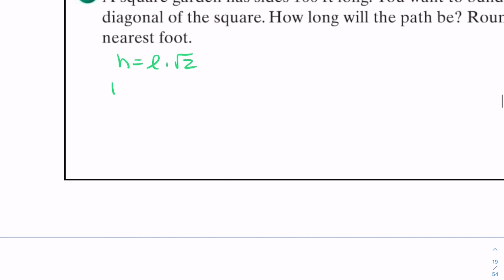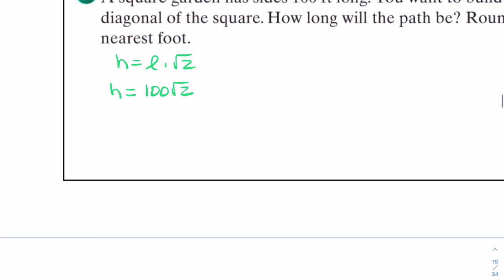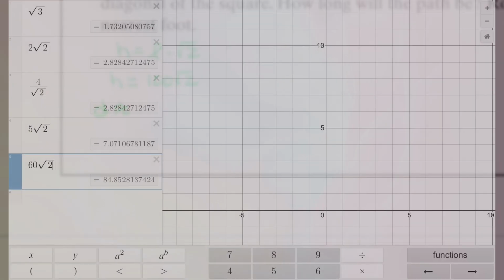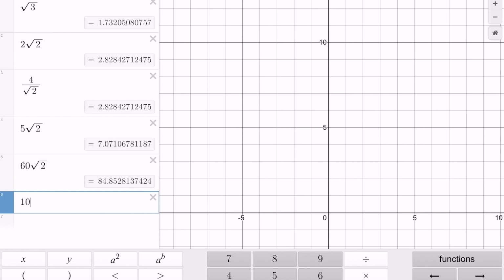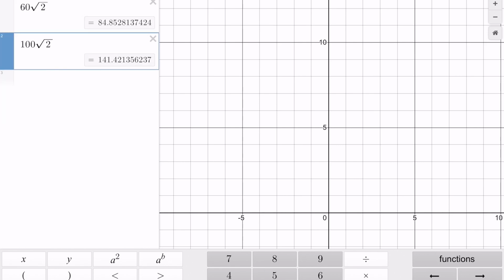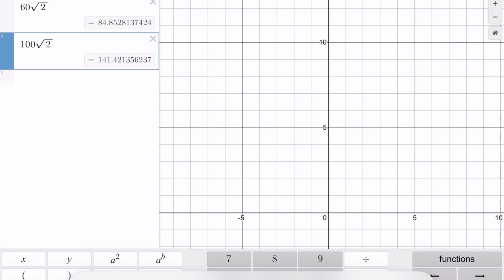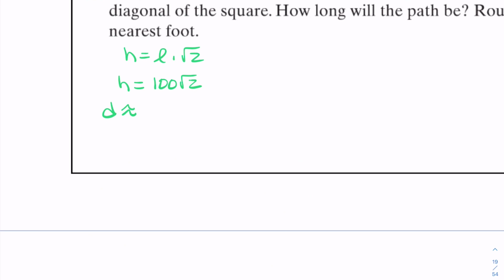So this is a side, so 100 square roots of 2. So the diagonal should be approximately about 141.42.